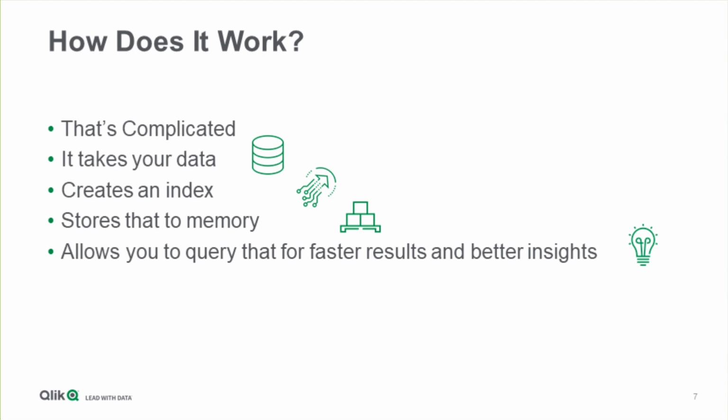But to simplify it, we take your data and then we create an index, much like the index in a book that you read. It's an easy way to look up the information that's in the book. We store that index into memory so that we can query that in a much faster way.